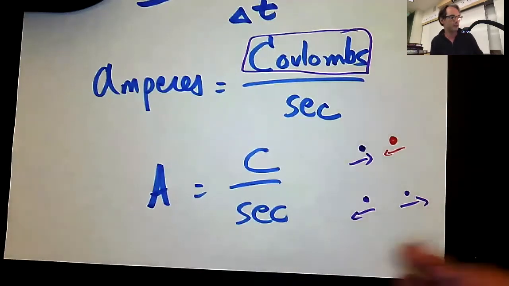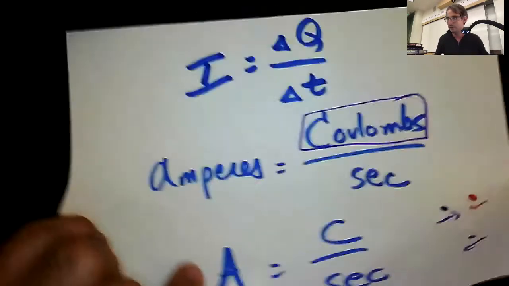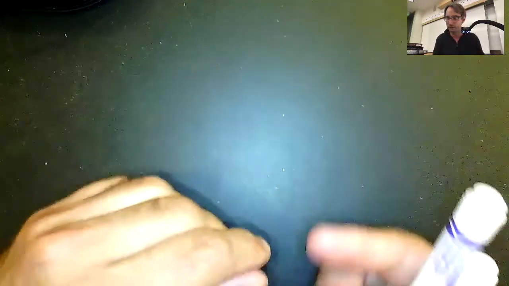Okay, so finally, let me just talk to you a little bit about the calculation I want you to make. So batteries will provide charge to devices. When current flows from a battery to a device, charge comes out of the battery, flows through the circuit.